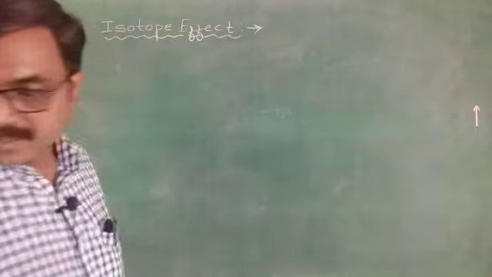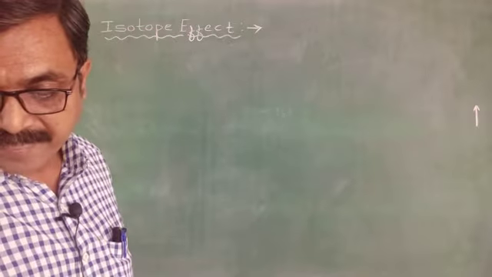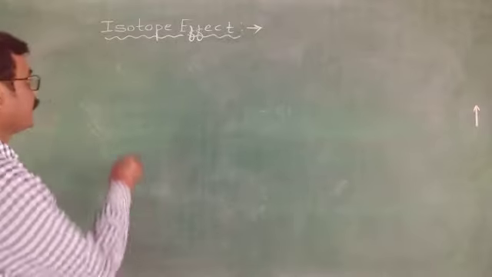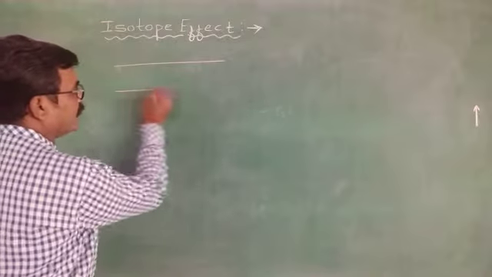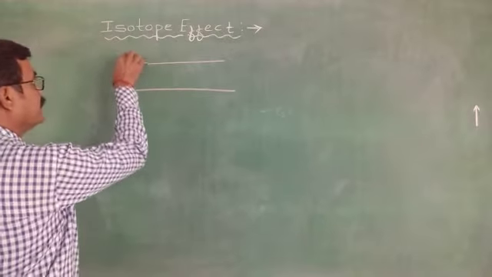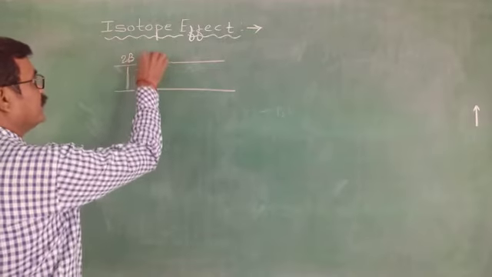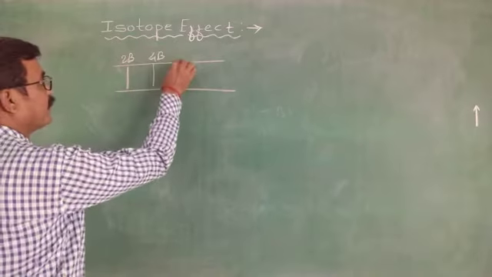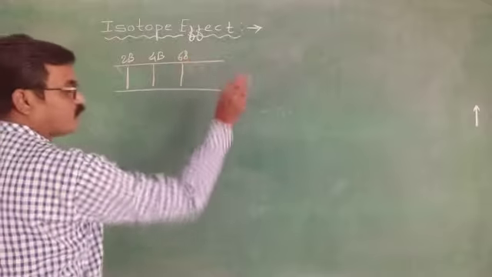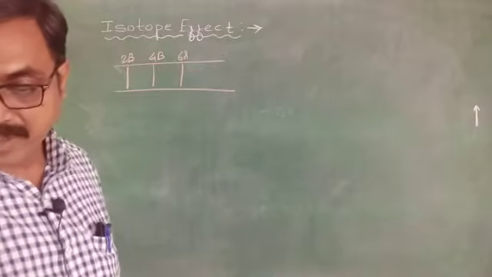If we plot the spectra, then it will be observed that for the normal molecule AB, this is 2B, this will be 4B, this will be 6B and so on.